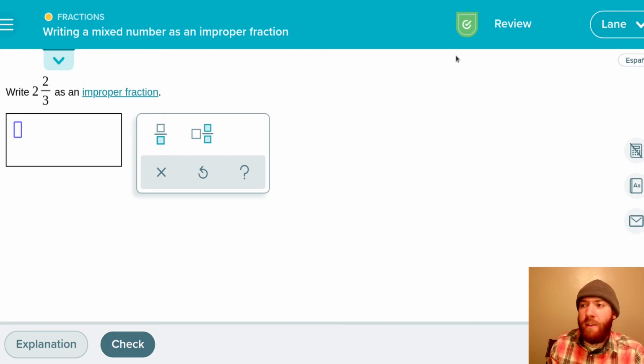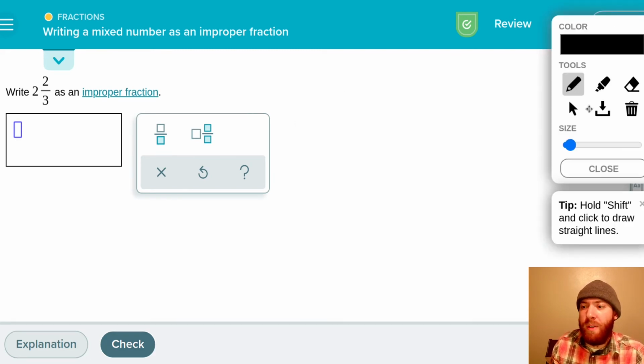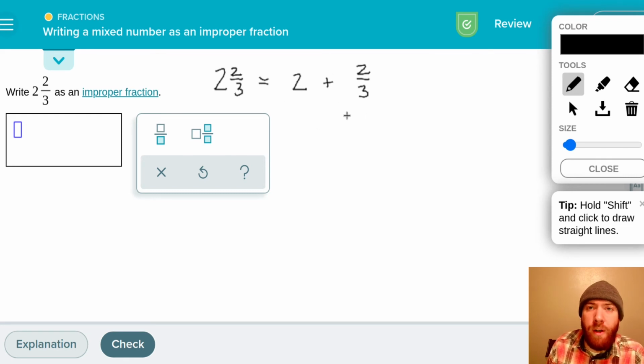Okay, for this one, I'm not going to draw the diagrams. But remember that 2 2/3, the mixed number 2 2/3, means the same as 2 plus 2/3. Okay, and the first step to writing this as an improper fraction is going to be to just take these two numbers and add them together.